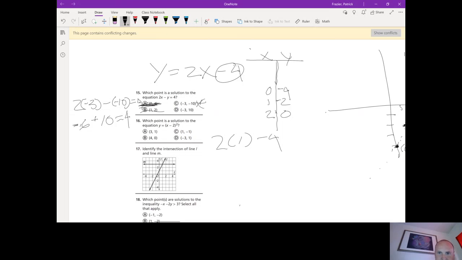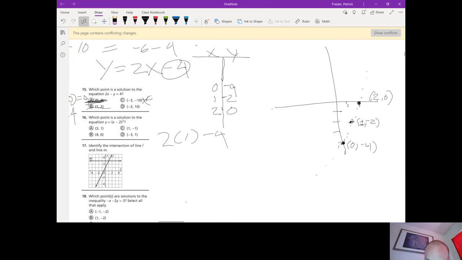So that works. And if we plugged it into the y equals mx plus b form, that'd be 2 times negative 3 is negative 6, and then negative 6 minus 4 is negative 10. So that would work.